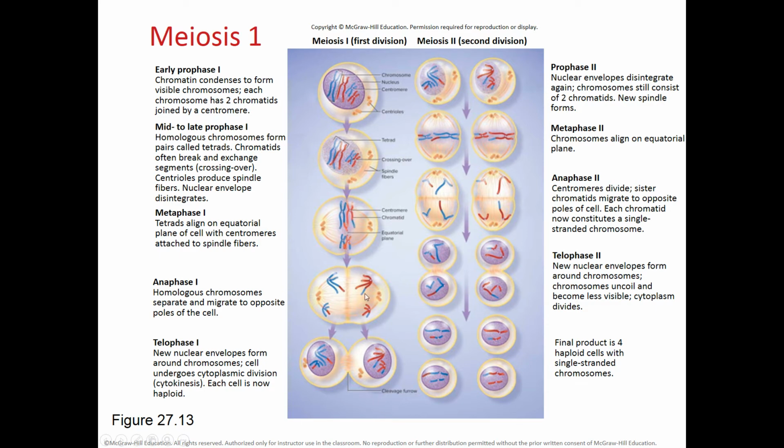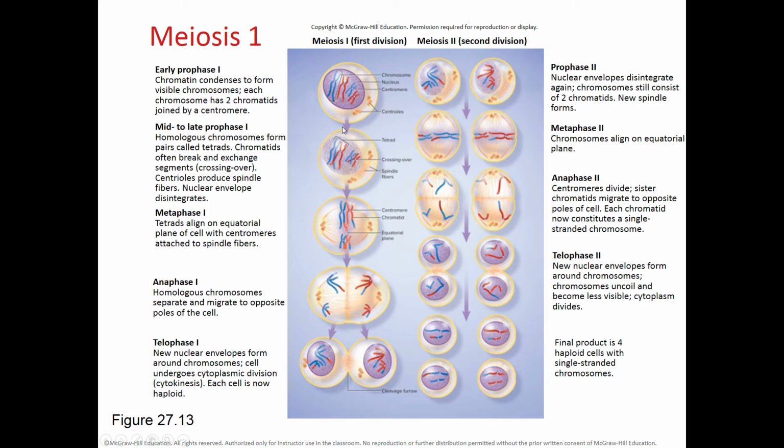And then in anaphase 1, the shortening of these microtubules will pull these homologous chromosomes into two different cells. And then in telophase, the last part of meiosis 1, you will have cytokinesis, in which you have a division of the cytoplasm, and also you have at the same time the actual separated set of chromosomes surrounded by a new nuclear membrane.